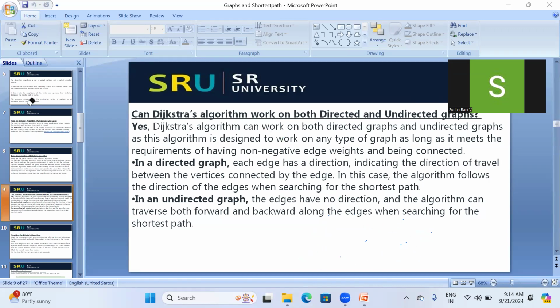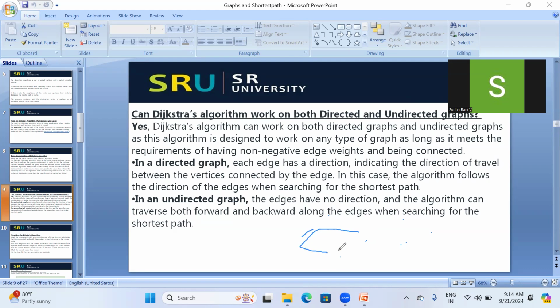Take the simple one. These are the points; here is one node, here is another node, and here is another node.